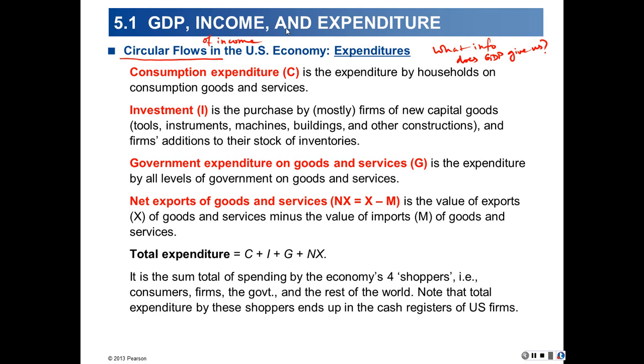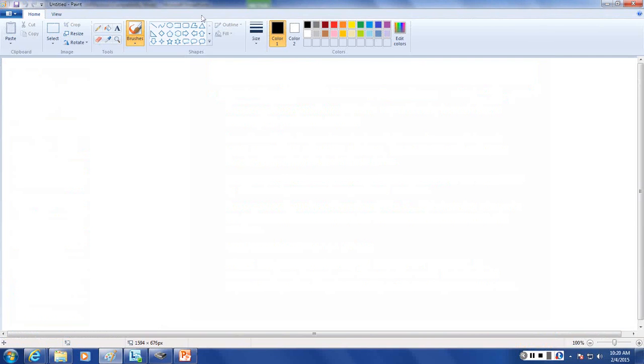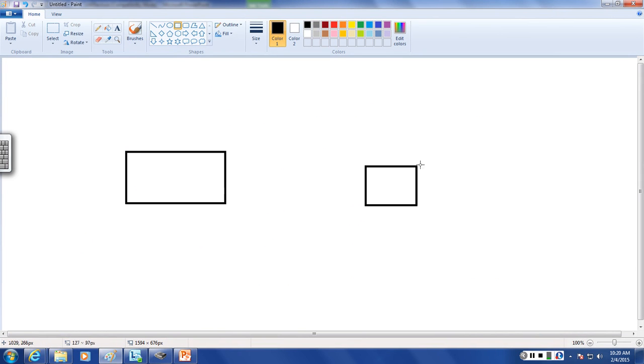This is a very important idea, okay? And at this point, I'm going to go to my drawing board, and I'm going to quickly show you a very simple circular flow. These are two boxes.